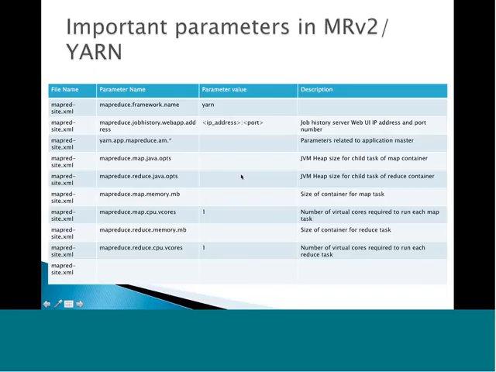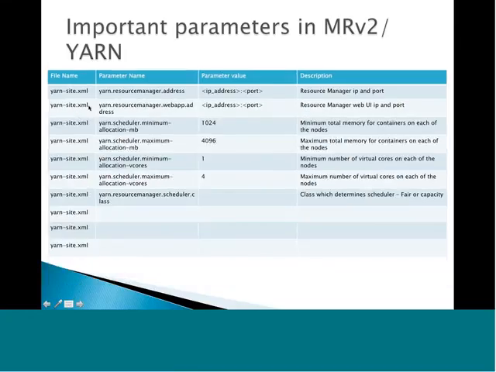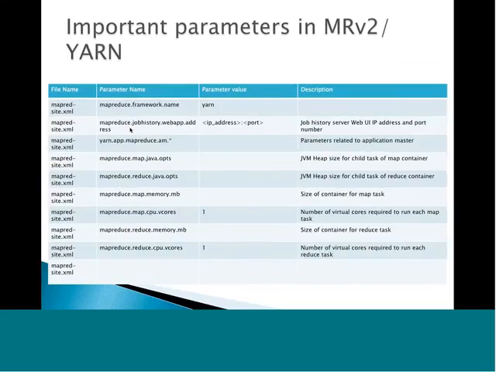So when it comes to parameter files, we have two files. One is mapred-site.xml and the second one is yarn-site.xml. YARN is the framework to monitor the resources and submit the jobs, and MapReduce is the one which comes into the picture to actually execute the job in the form of map tasks and reduce tasks.